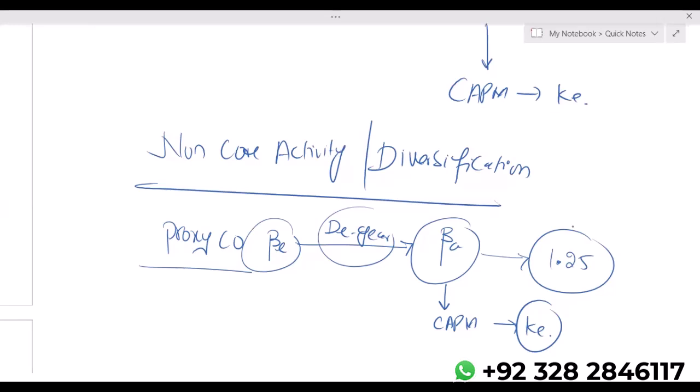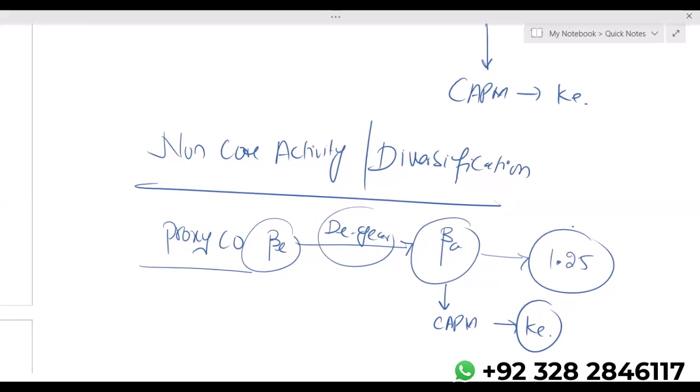But if you come across a question where the examiner says that the beta asset you calculate using the data of the proxy company will be increased by 0.2 for this project, then I will add 0.2. It could be any other number. But if nothing is mentioned, then by using the equity beta of the proxy company, whatever beta asset you have calculated, the same beta asset will be used in CAPM to calculate KE.